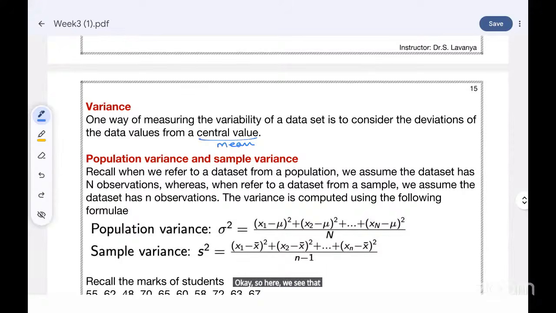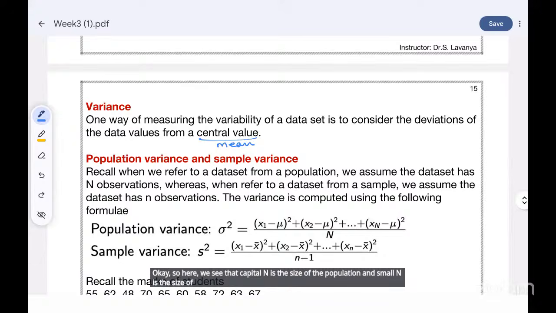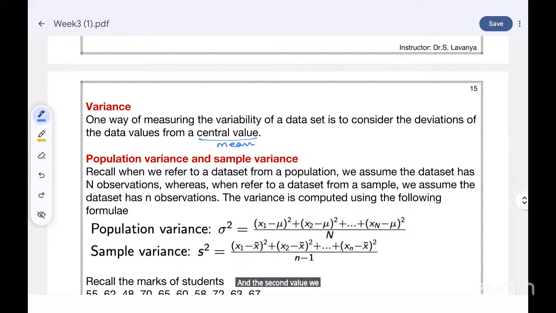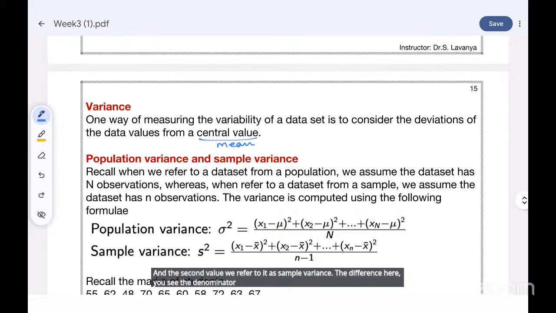Capital N is the size of the population and small n is the size of the sample. The first formula is the population variance, and the second is the sample variance. The difference is in the denominator: in population variance it is capital N, and in sample variance it is n minus 1.